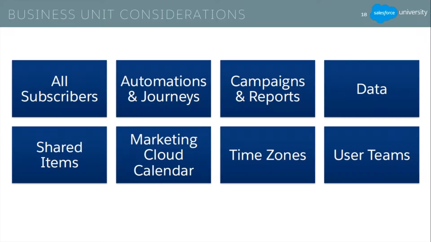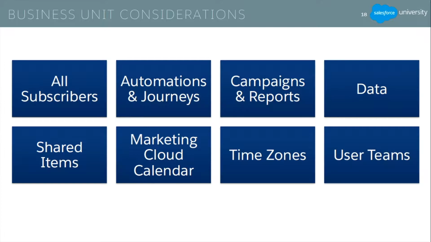So what goes into deciding when a new business unit could be created? Number one is, how is that subscription being managed? If we're using different subscriber keys, which is a unique identifier, we'll talk about that more when we talk about data management. But if all subscribers are being updated differently, if we are using different databases of records, if we have separate, so automations and journeys are created at the business unit level, as are our reports and campaigns.